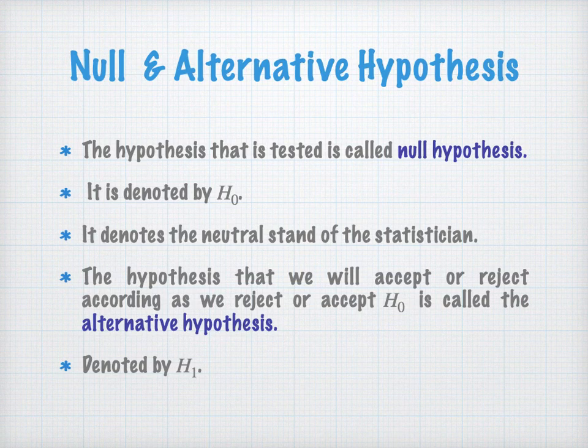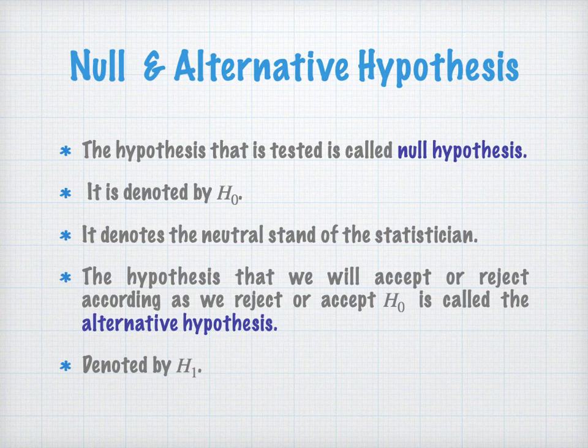Next is the alternative hypothesis. The hypothesis that we will accept or reject accordingly as we reject or accept H naught is called the alternative hypothesis. If we are accepting the null hypothesis, then we will have to reject the alternative hypothesis. And if we are rejecting the null hypothesis, then we will have to accept the alternative hypothesis. It is vice versa.